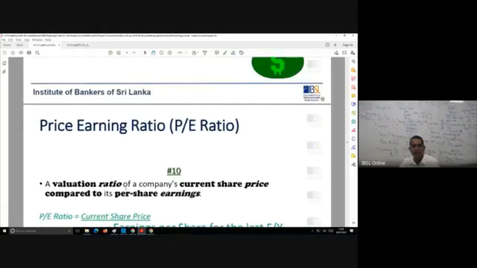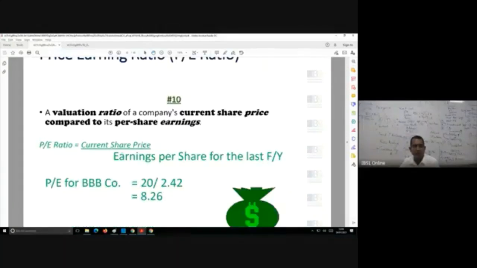The second and the last one is price earning ratio, PE ratio. That is market price of a share divided by earning per share. Current share price divided by earning per share.